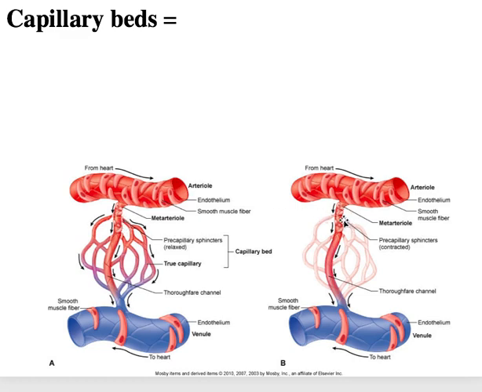And on the right-hand side, the precapillary sphincters are constricted, contracted, or closed. What this does is, on the right-hand side, blood goes directly through the vascular shunt and does not actually make its way into the true capillaries. So on the right-hand side, for the most part, this capillary bed is not feeding its surrounding tissues.